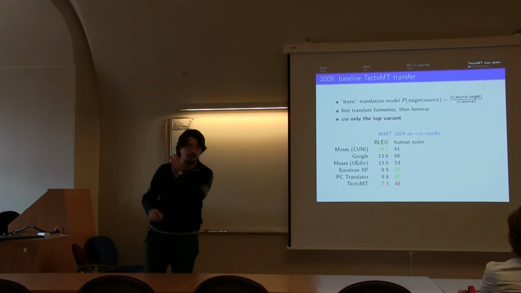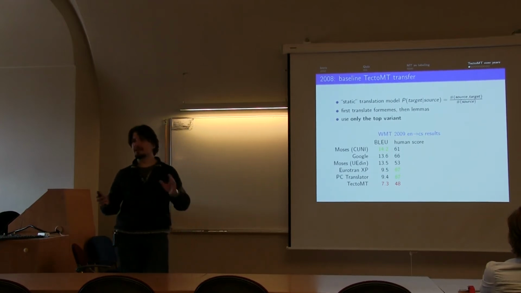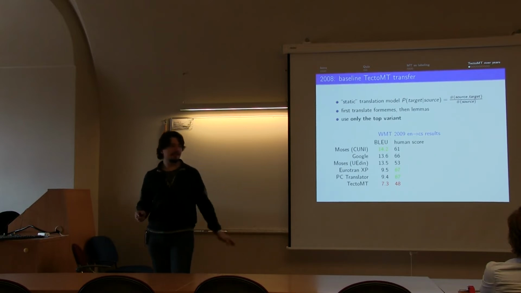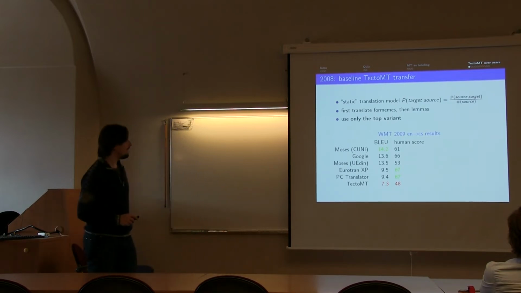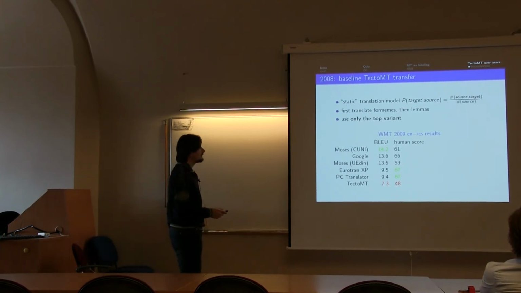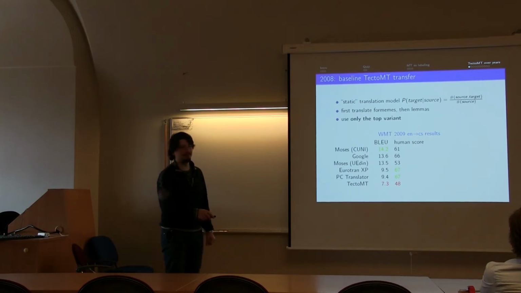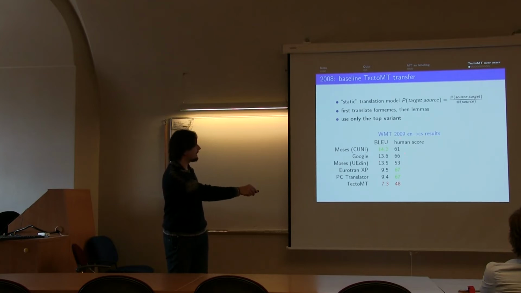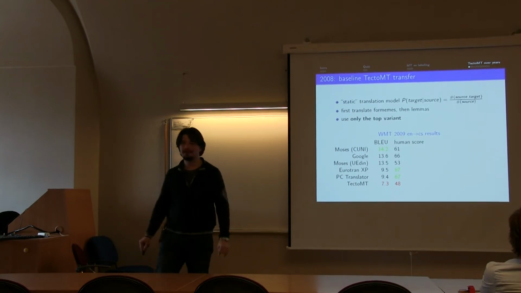There were some small rule-based blocks which said, okay, this lemma doesn't go with this formeme, but basically it was this simple. It was in 2008, but the evaluation in the WMT shared task was in early 2009, and TectoMT was the worst system, both according to the automatic BLEU scores and according to the manual human ranking.